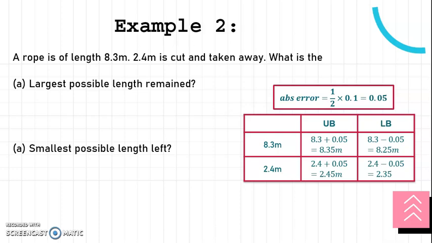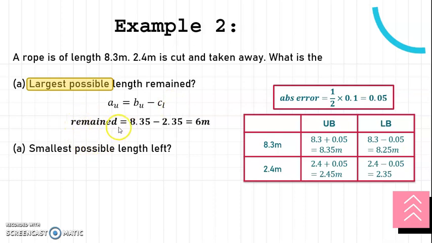Since this is the largest possible length remaining, A is equal to B subtract C. So the remaining length is equal to the original length, whose upper bound is 8.35, subtract the lower bound, which is 2.4 minus 0.05, giving 2.35, and the remaining length will be 6 meters.